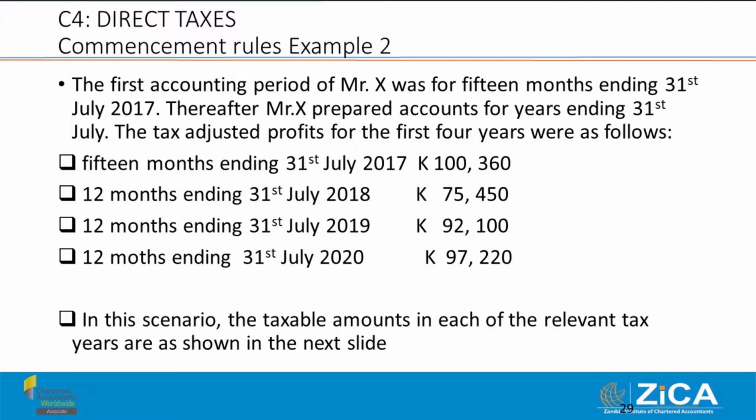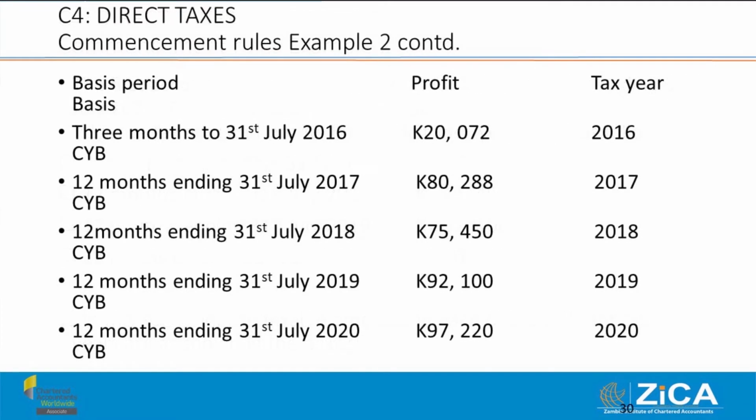Now, in this scenario, the taxable amounts in each of the relevant tax years will be as shown, where we show the basis period, the profit, and the tax year in which it's assessed. You see, all these periods here are ending 31st July 2016, meaning that this accords with the current year basis, where we said any company whose profits end anywhere between 1st of April and 31st December, the basis will be current year basis.